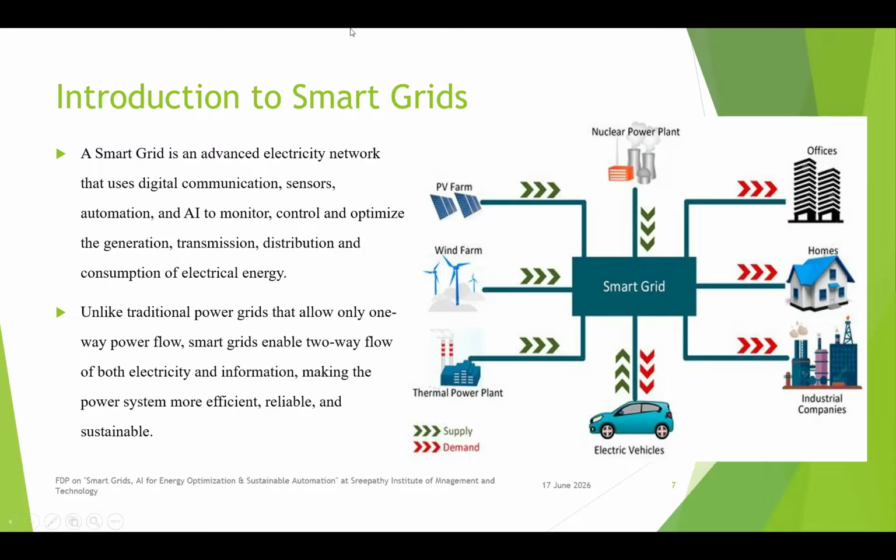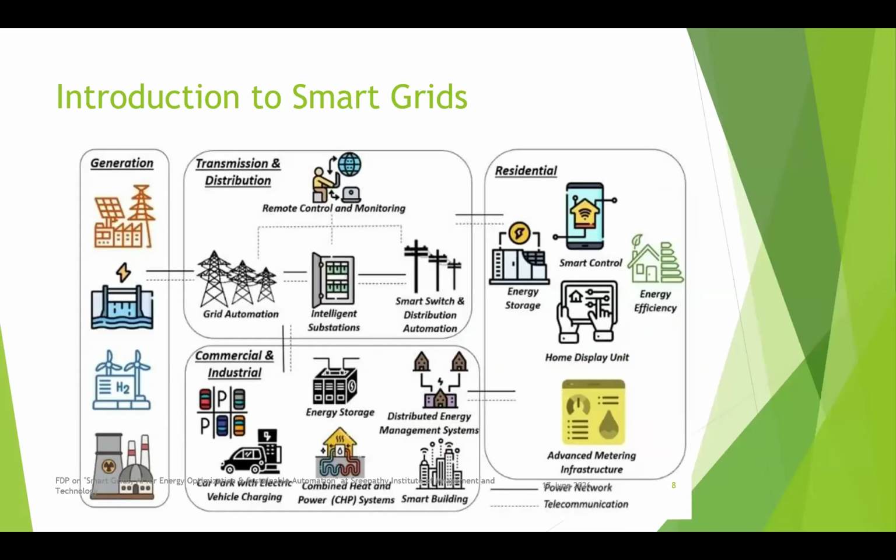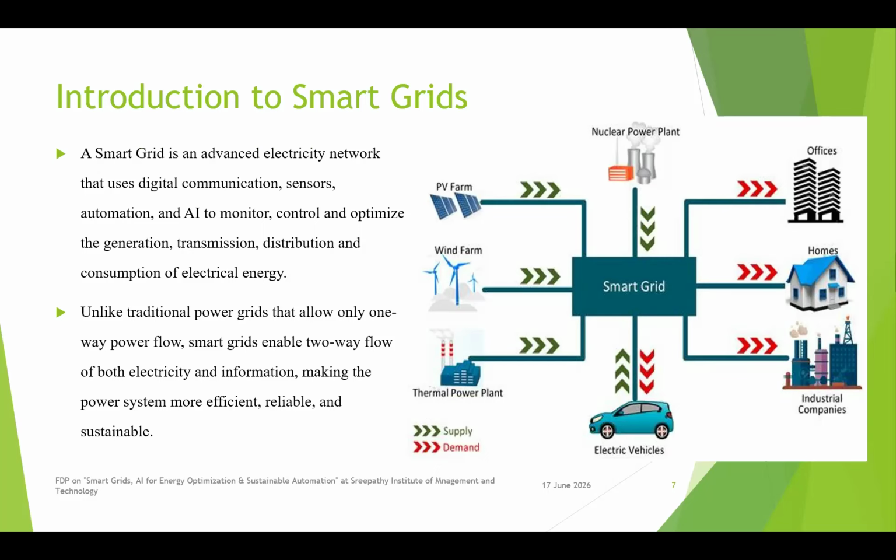We know the conventional grid system has generation, transmission, and distribution stages, and these three stages can be integrated with AI, digital communication, sensors, and automation.